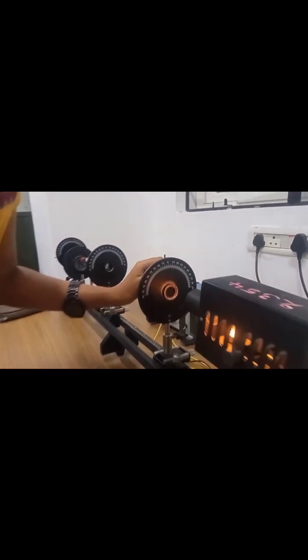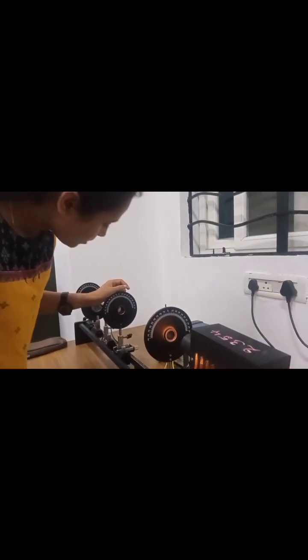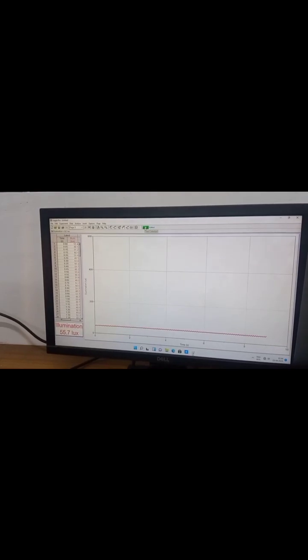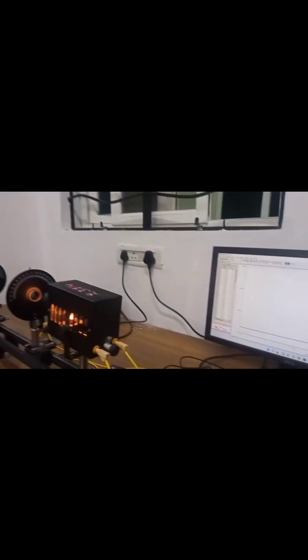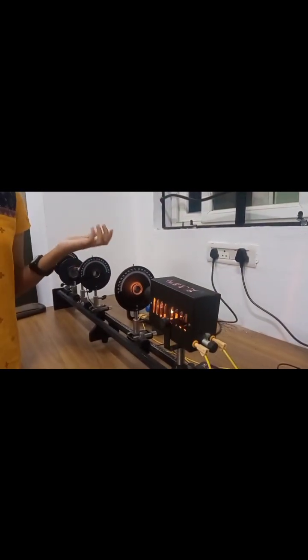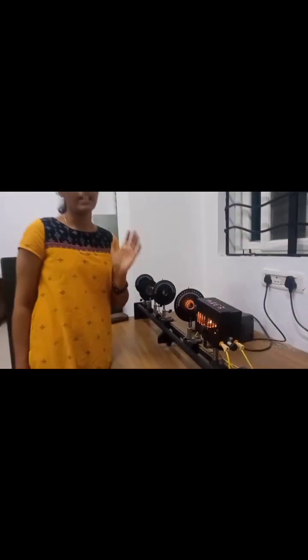Here we mark 30 degree, here also plus 30 degree, and we take readings the same way as for 0 degree. We collect for 10 seconds at each angle, note the illumination value, and continue from minus 90 degree to plus 90 degree.